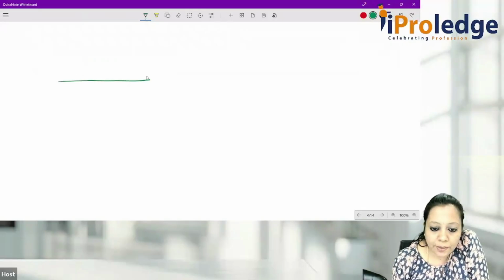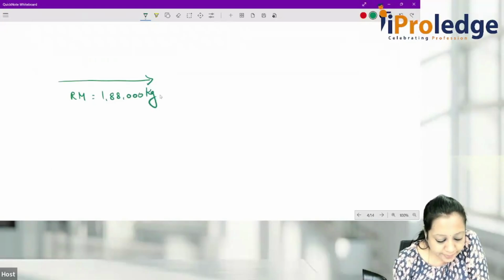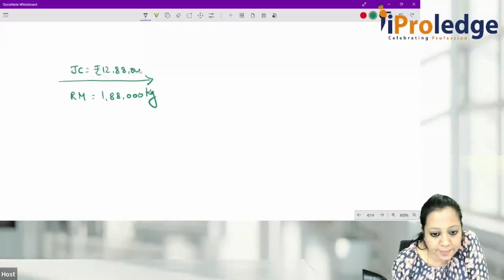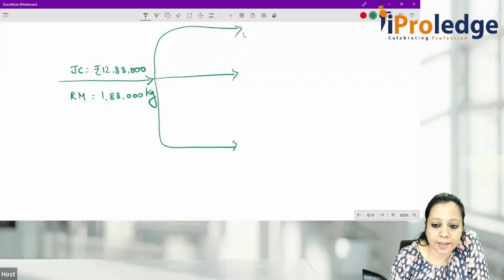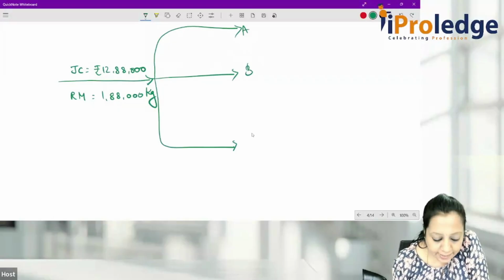Okay. So now here we have raw material 1,88,000 kgs and the joint cost is equal to rupees 12,88,000. Now this is processed further into A, B, and X. Okay.